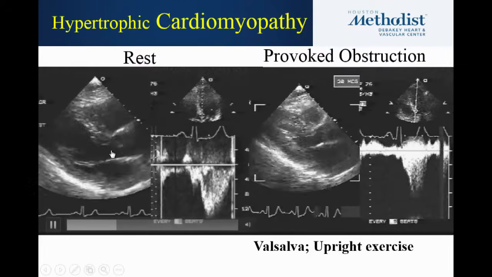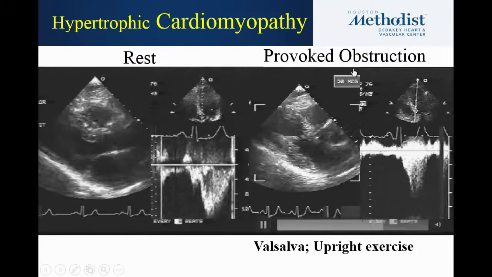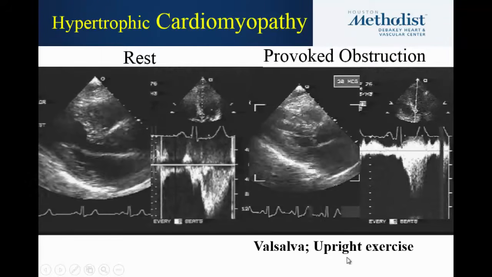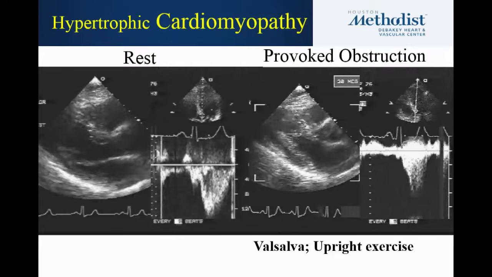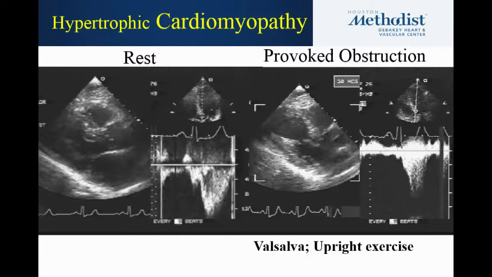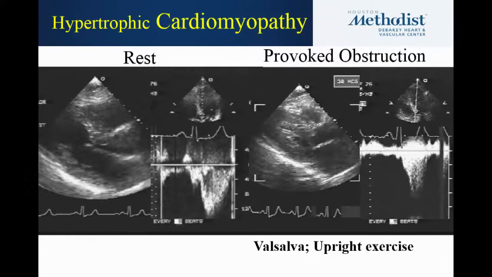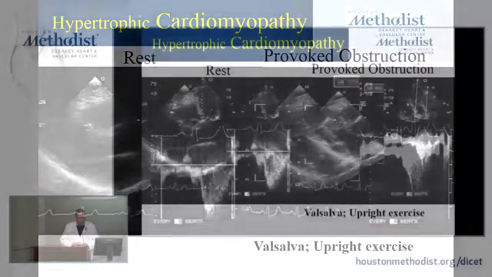And sometimes you don't see it at rest, but then you do a little bit of exercise, and bingo, you get it. So we know that. We know Valsalva. This was a Valsalva. But you have the provocation, which you can do at the bedside with the murmur, and you can do in the echo lab, documenting the SAM and documenting the obstruction.